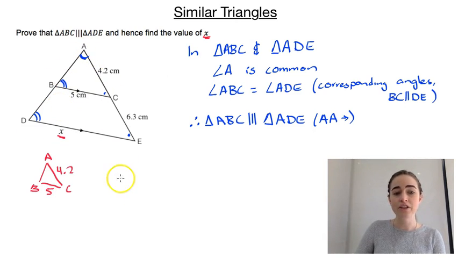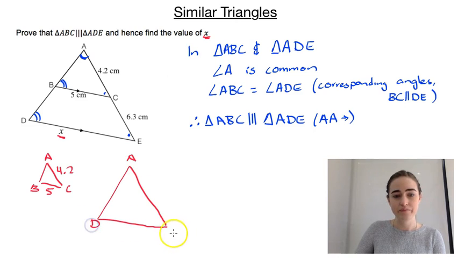If I draw our big triangle now, so that's ADE, that base is X, that's what we're trying to find. And we also need this side AE because it's the corresponding side to that 4.2 that we've already been given. So AE is going to be our 4.2 plus our 6.3, which would be 10.5.